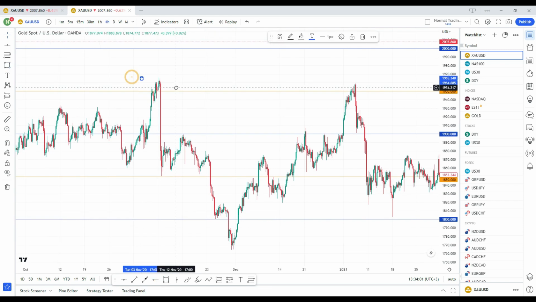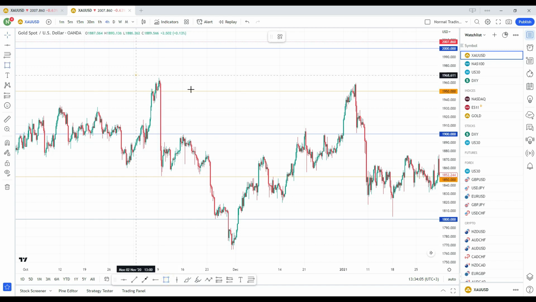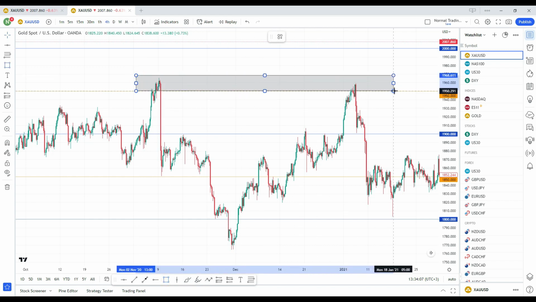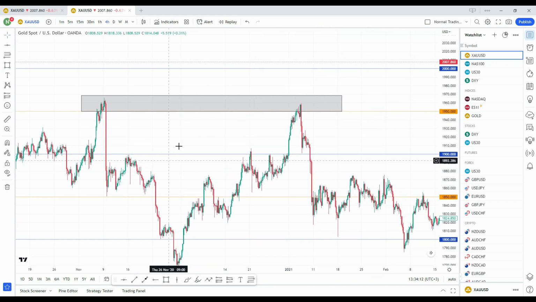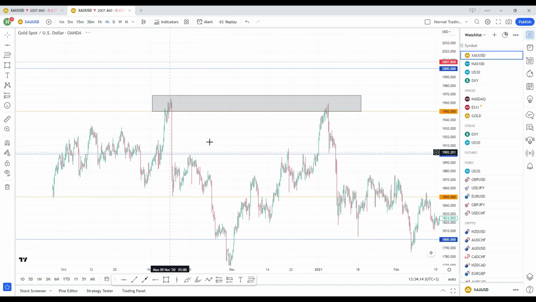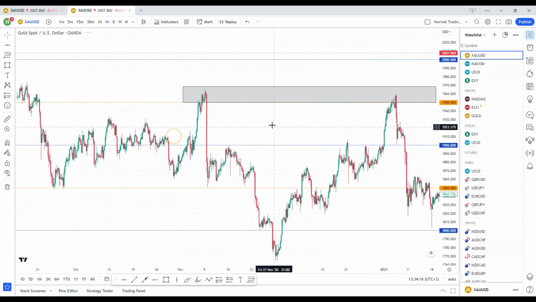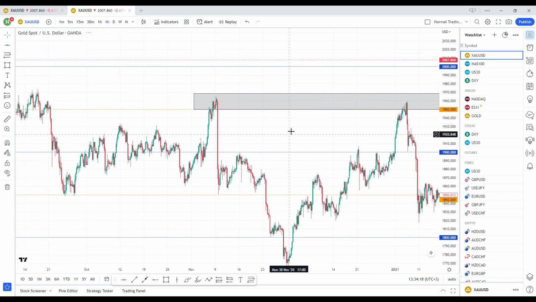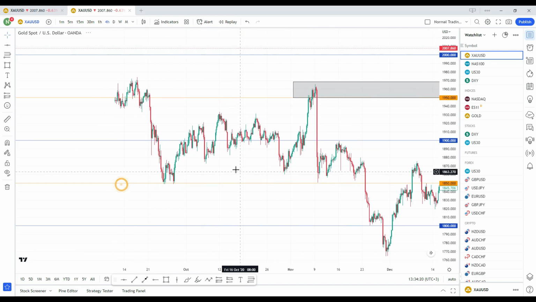Considering this is a zone, it doesn't matter your strategy. If you're using indicators or any other strategy, pay attention to these zones, because the market is likely to change direction in such zones.